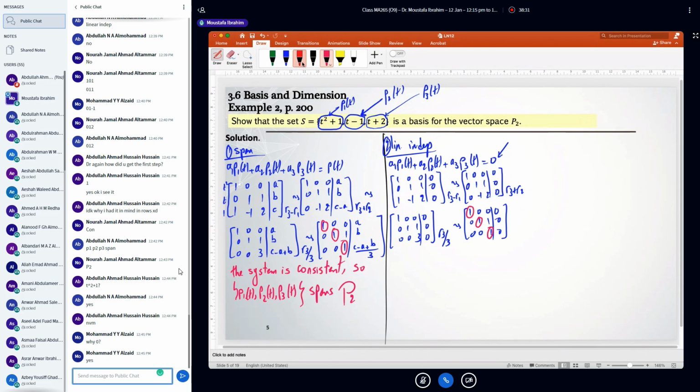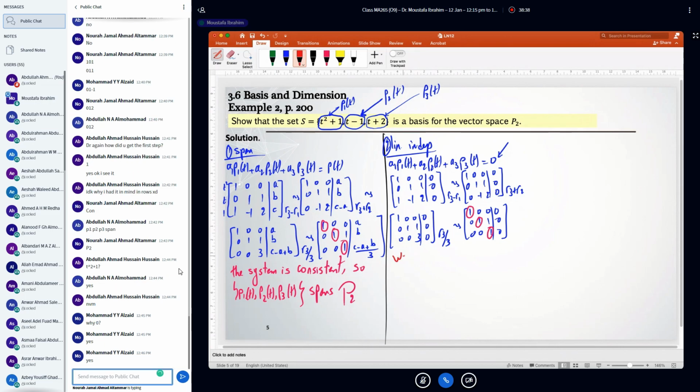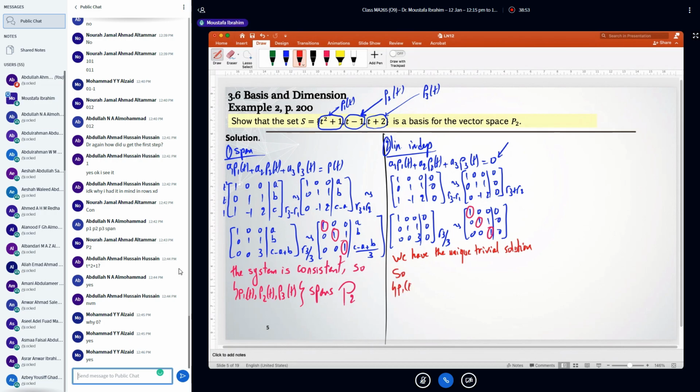So is the set linearly independent? We have a unique triple solution. So P1 of t, P2 of t, P3 of t is linearly independent.